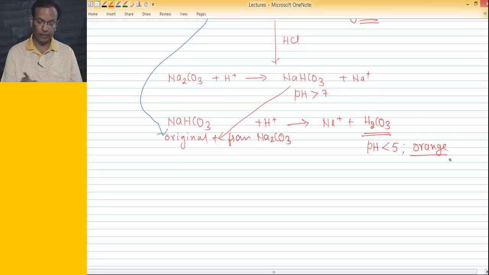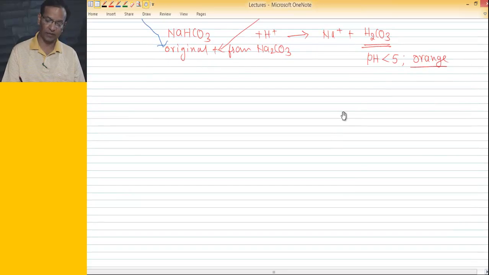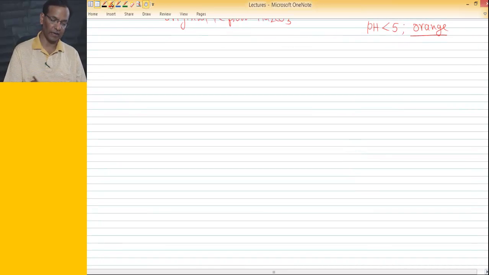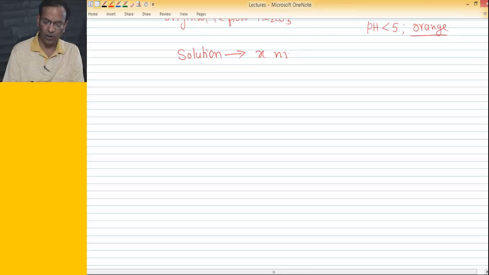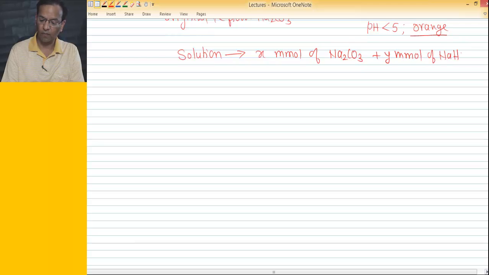So now let us take this qualitatively, so quantitatively how it is done. Suppose we have a solution which contains say x millimole of sodium carbonate and y millimole of sodium bicarbonate.